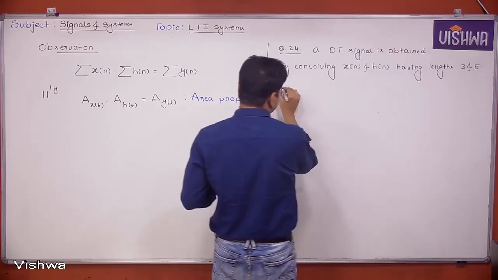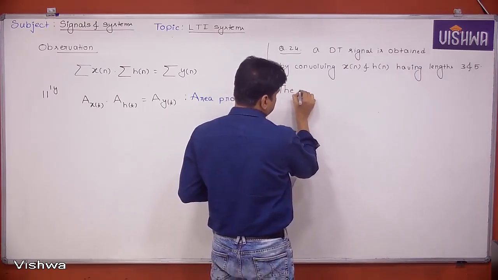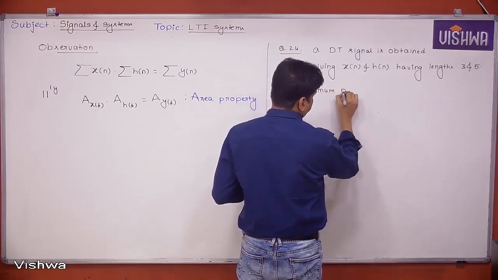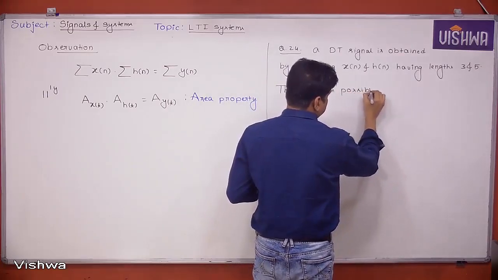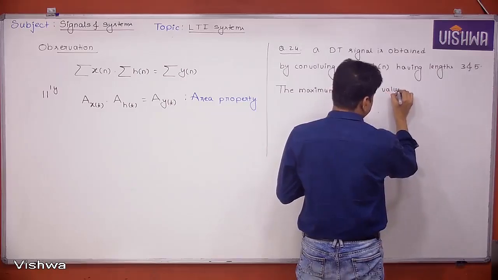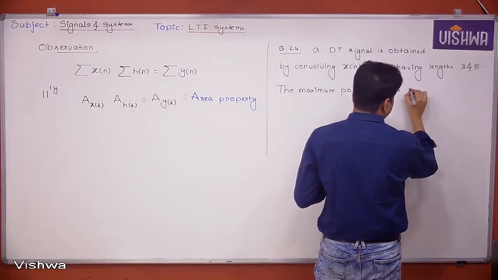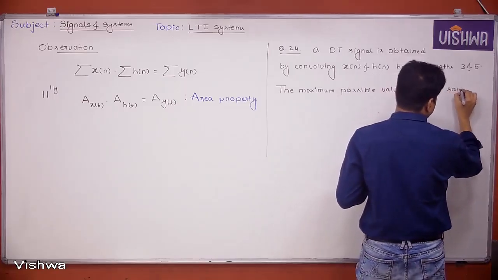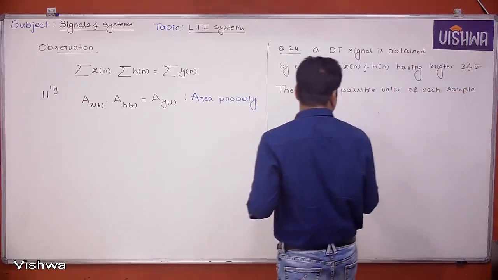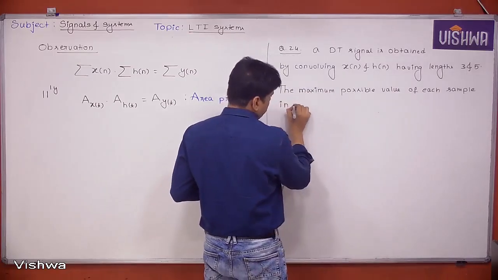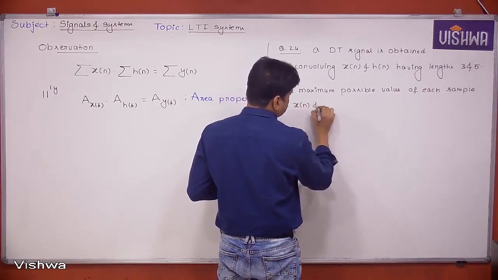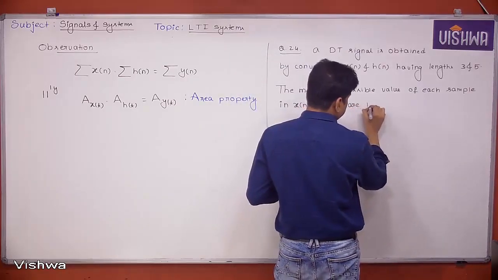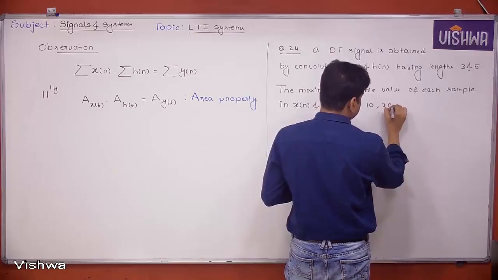The maximum possible value of each sample in x of n and h of n are 10, 20 respectively.